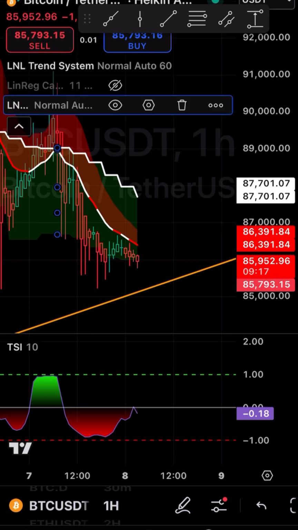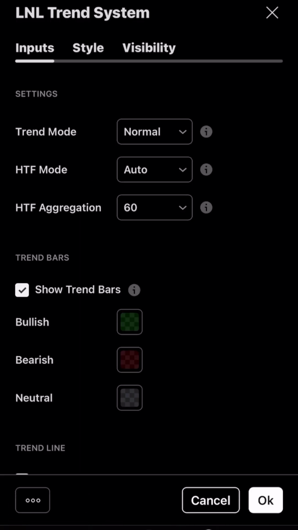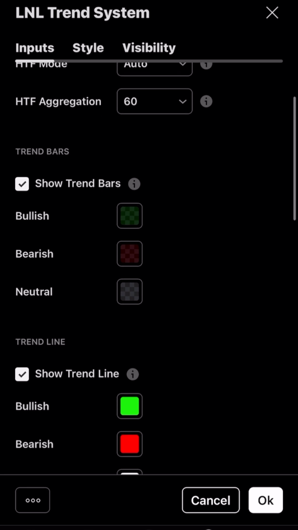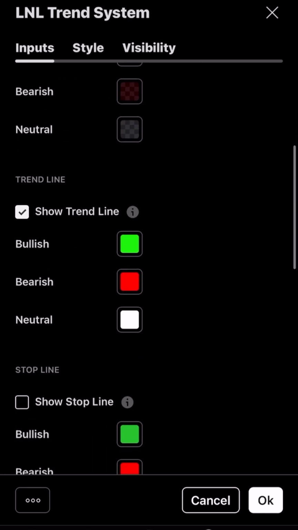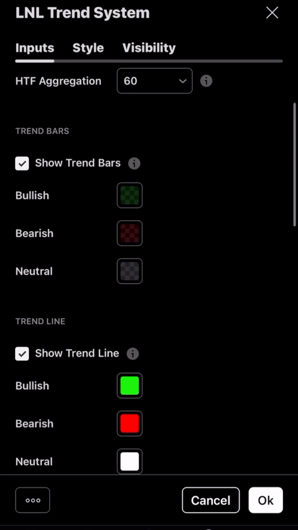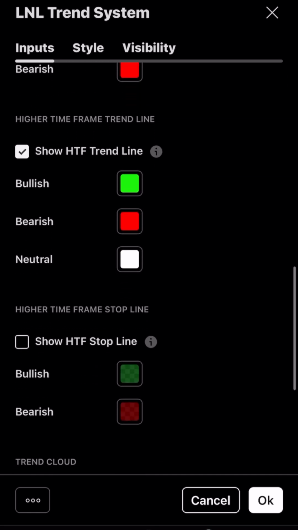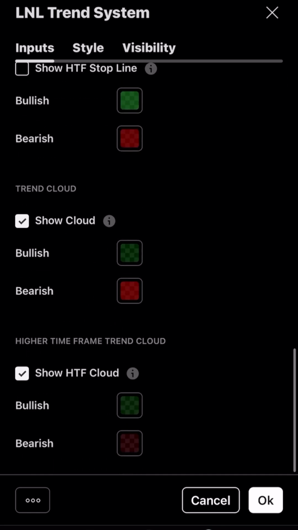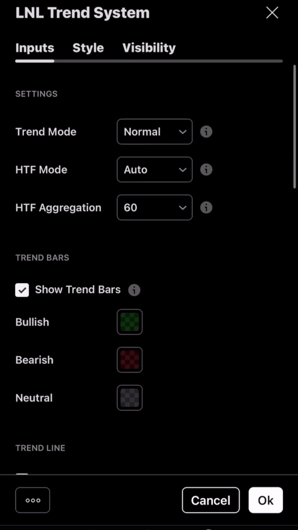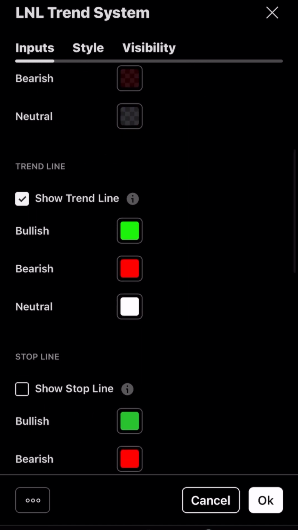Now you don't want to spend a lot of time on this, but basically you remove everything except show trend line. Actually, no. It's show trend line and show HTF trend line. Those are the only two things you need. You check off everything else. Also on here, you want to make your colors bright and stand out.